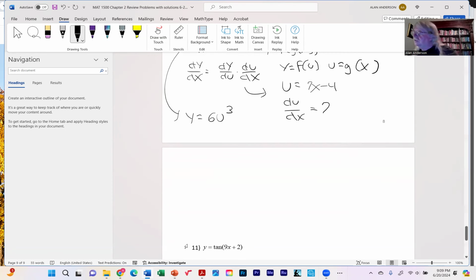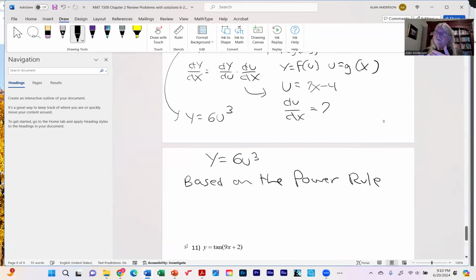Well, we just determined that y equals 6u cubed. Again, it doesn't matter what letters we use, the power rule never changes. That implies that dy du is 18u squared.